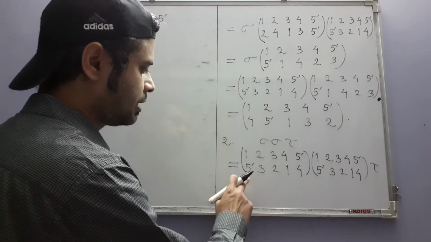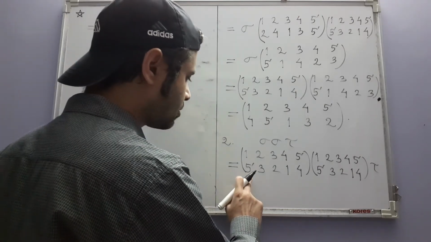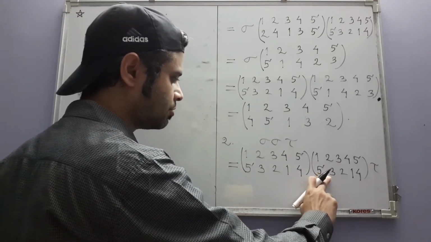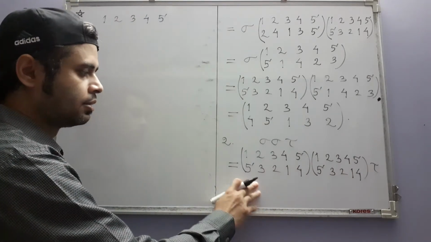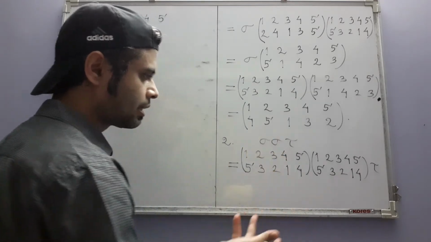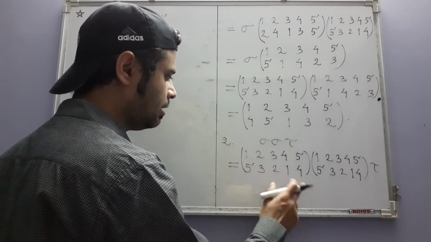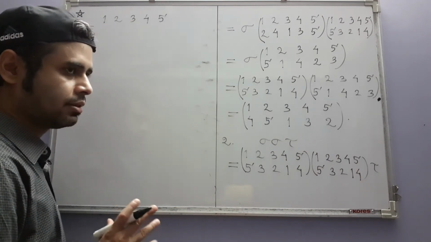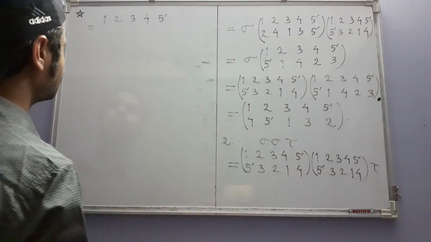If you want, you can go this way also, although I would not advise doing that, because it's good to have the habit of doing the calculations like this from the right side to the left side. Why it will not matter in this case, that's because the two things are the same. I mean, what I am saying is that if you want, you can see like this, 1 to 5, 5 to 4, so 1 to 4. But it is advisable not to do that. Okay, it will only create more confusion.